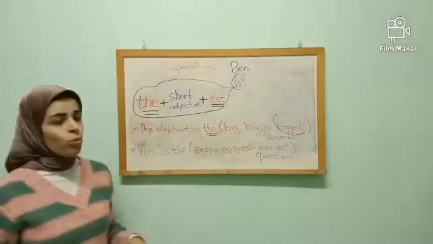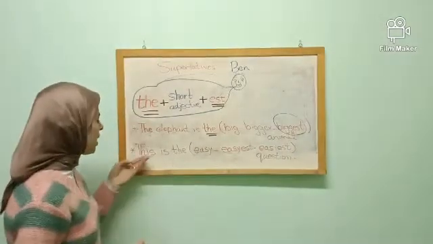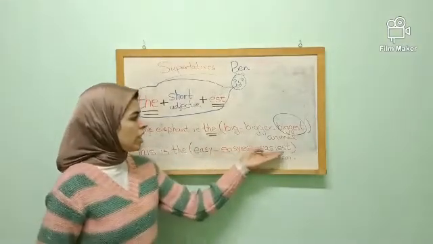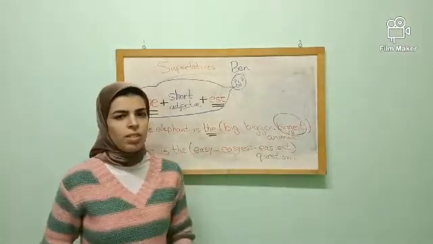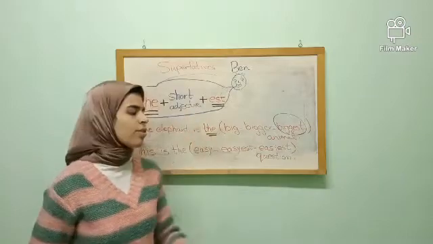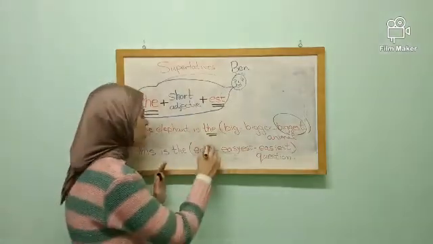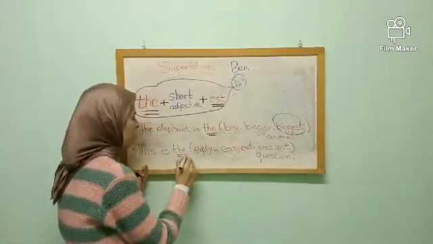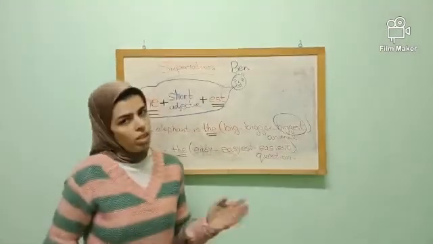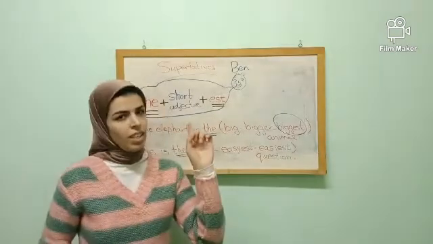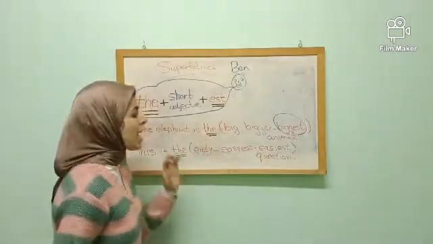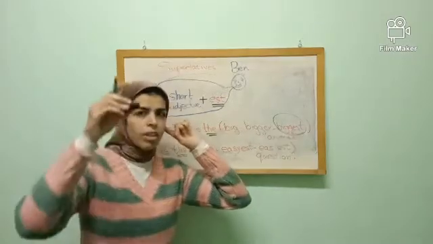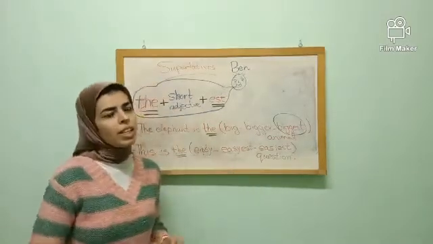Okay, let's move to the second one here. This is the easy, easiest question. Think first. Of course, it's not easy, but here we have the, so it's superlative, so est. But be careful, we said that if you have an adjective that ends with letter Y, we should do what here?